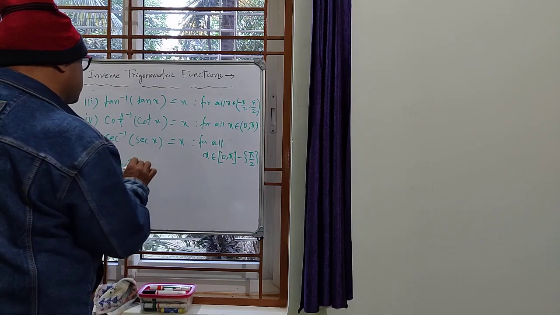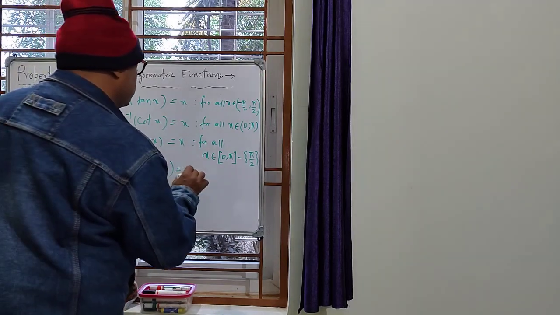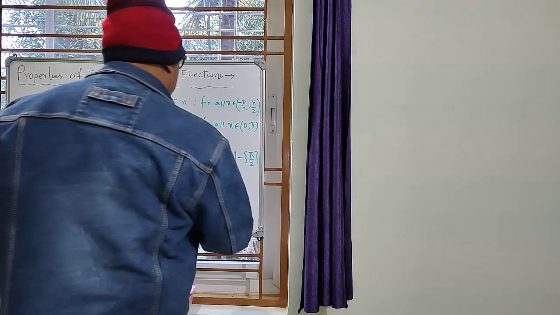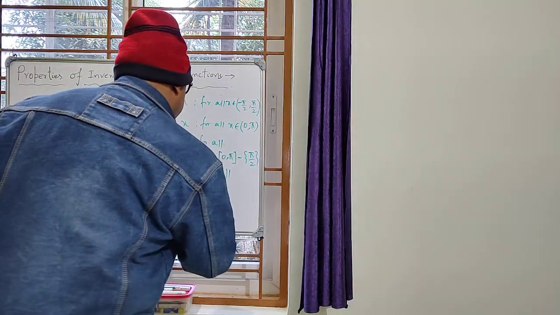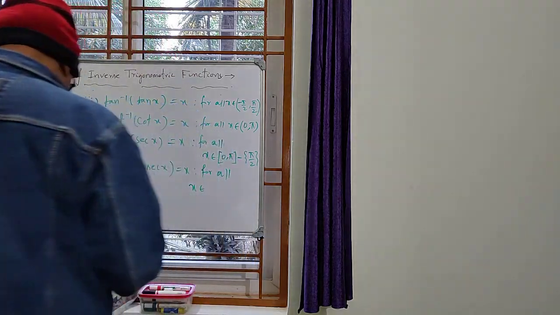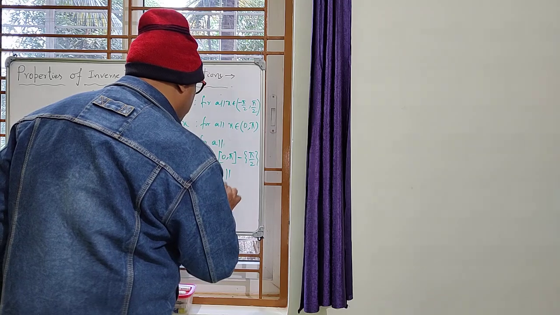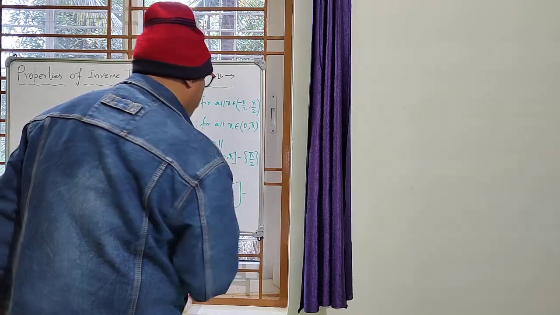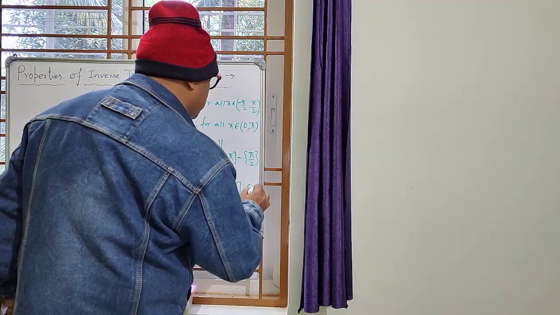Number 6, cosec inverse of cosec x equals x for all x belongs to the closed interval minus pi by 2, minus 0.